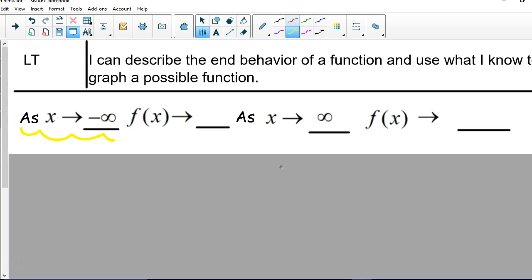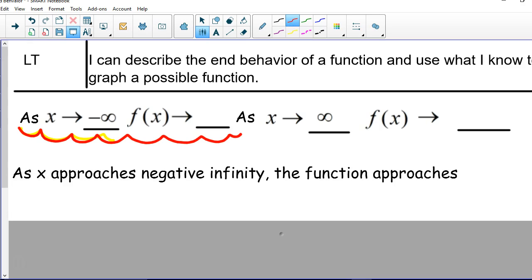What we say is, as x, this arrow in math means approaches. So as x approaches negative infinity, f of x approaches blank. And you're going to have to fill in the arrow, and I have that written here.